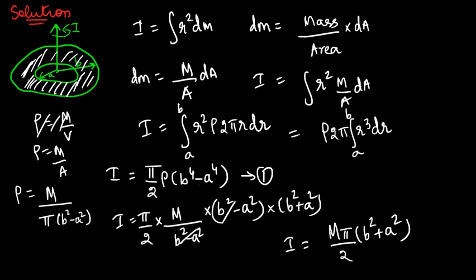So this is a standard equation. You can use this equation if you have a similar type of question, and when your radius is different. So you can use this b and a with your different radius given.